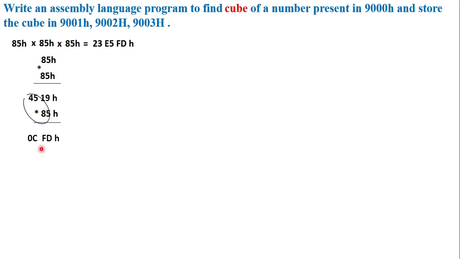The result we obtain is 23D9 hexa. We shift it to the higher weight position, so the result is shifted one position left, and then these two results must be finally added to obtain the final cube of the number, 23E5FD. So this is the result that we have to obtain.